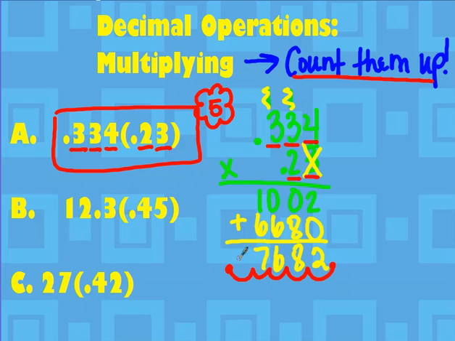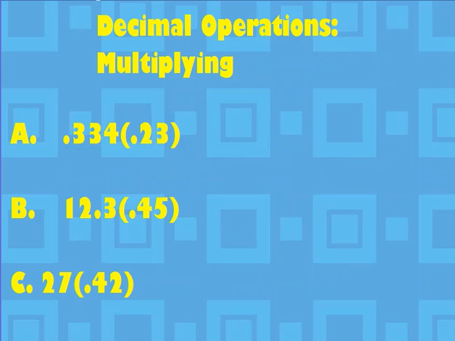In this specific case, there's nothing right here, which tells me that I need a placeholder in that spot. So my final answer would look something like this. Again, I counted 1, 2, 3, 4, 5, the number of digits behind the decimal, and that's why I moved it 5 spaces.